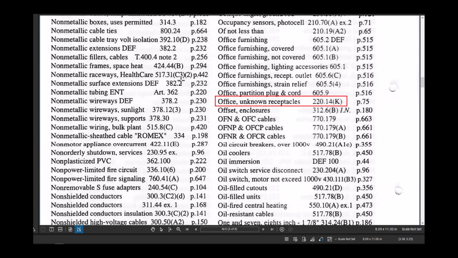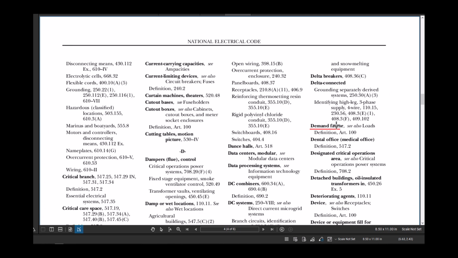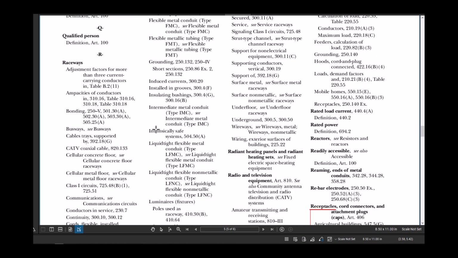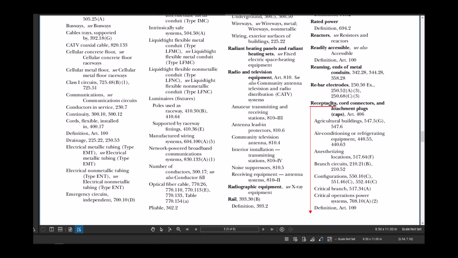220.14(K). If I go through the NEC index to demand factor, it just gives me 'see also loads' and the definition in Article 100. Then I go next to the receptacle section.